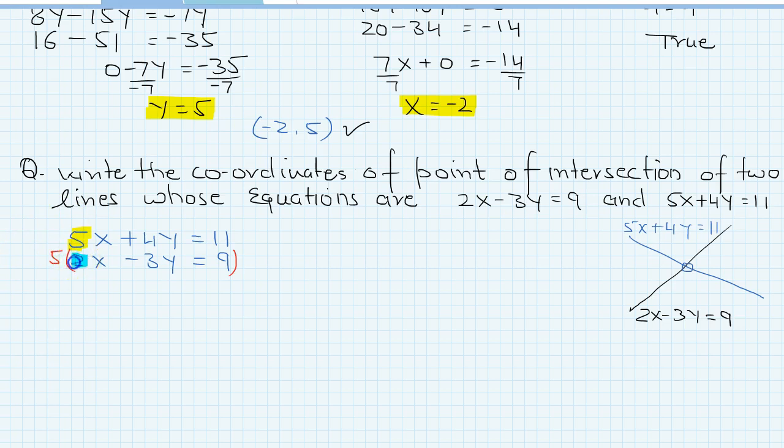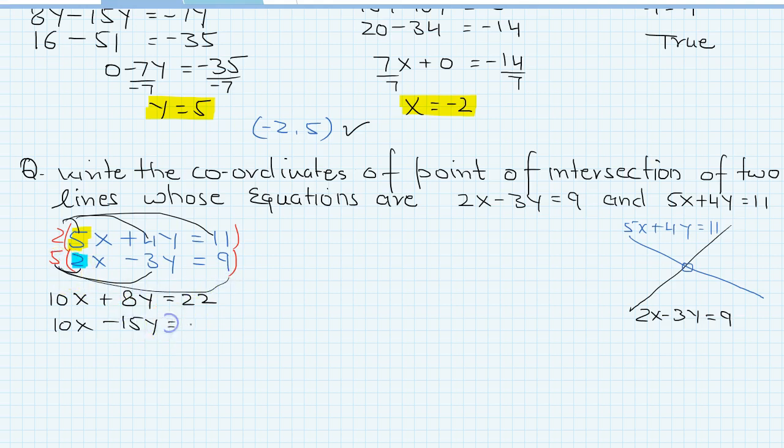And the coefficient of x in the second equation is 2, so we multiply this equation by 2. So it will be 10x plus 8y. This 2 is supposed to multiply by 5, by 4, by 11. In the same way, 5 multiply 2, 5 multiply 3, and 5 multiplied 9.